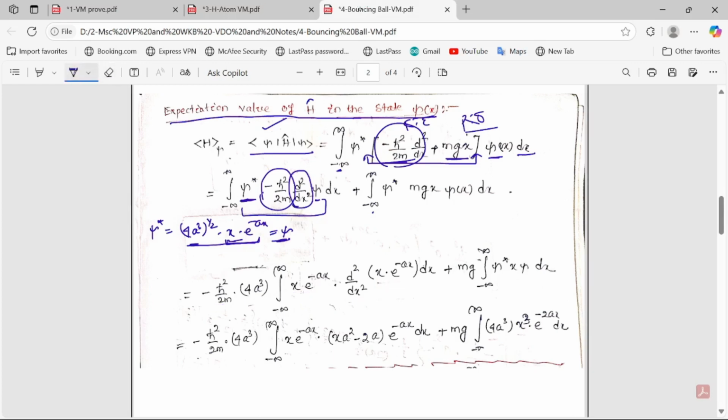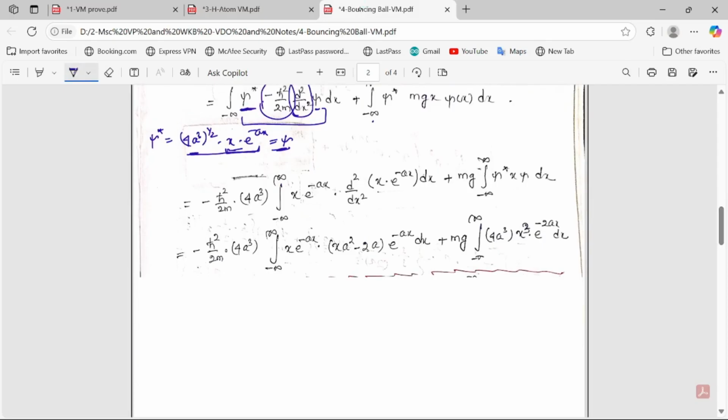This is the task I give you: verify in your rough work by differentiating this term x e to the minus ax two times, using the simple product formula. You will find the value will be x a² minus 2a e to the minus ax dx. Do the dx by yourself in the rough, okay.